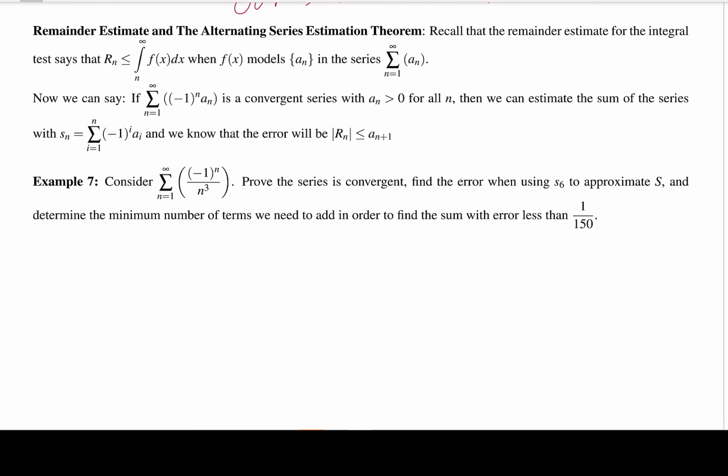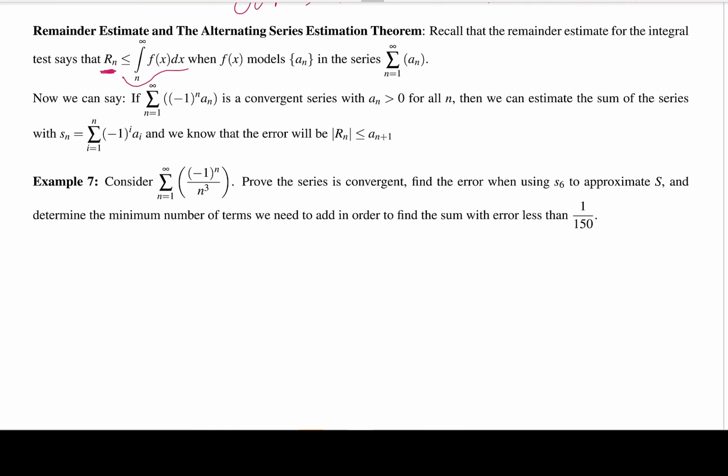Now, remember previously that we did the integral test and then we approximated what the sum was going to be with our partial sums. And we were able to say how close is our integral test to the actual sum. Well, we're going to do something very similar here. So first I want to remind us that the remainder estimate for the integral test told us that the remainder, or the error, r sub n, is always going to be less than or equal to this integral from n to infinity of f of x dx.